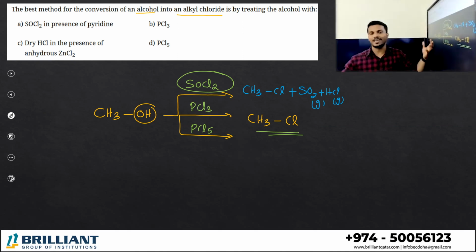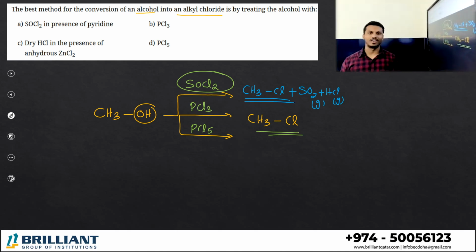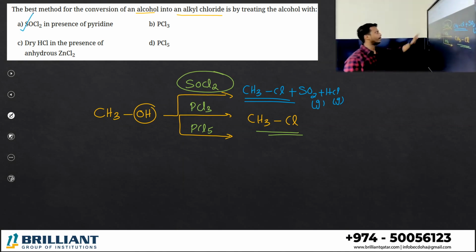They can easily escape from the system. You will get pure methyl chloride or haloalkane. So the best method to convert an alcohol into haloalkane is treating with thionyl chloride, SOCl2. But when you treat it with PCl3 and PCl5, the byproducts are POCl3, H3PO3, like that. They are not all gases. Okay, option A is correct, SOCl2 in presence of pyridine.